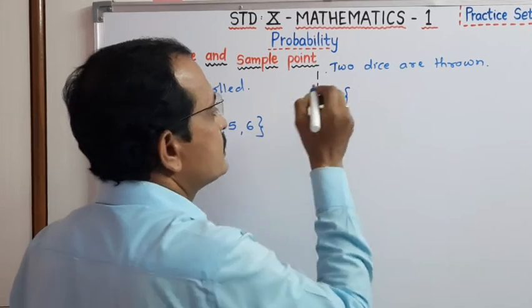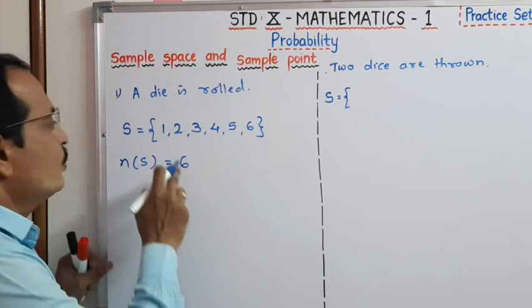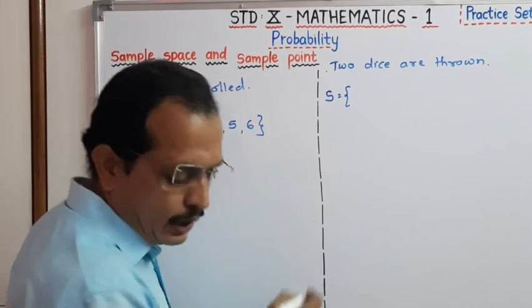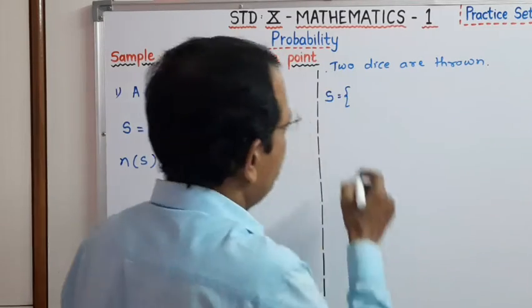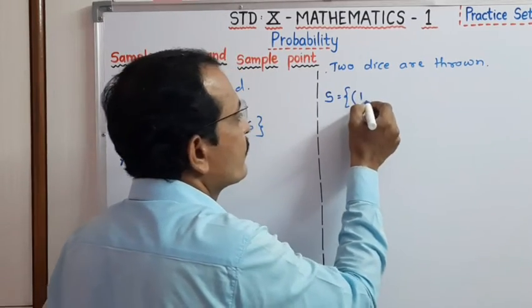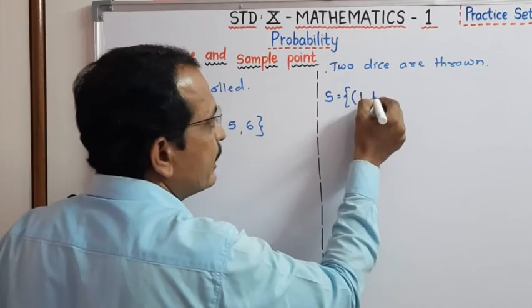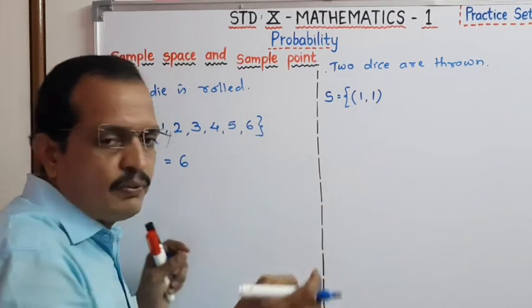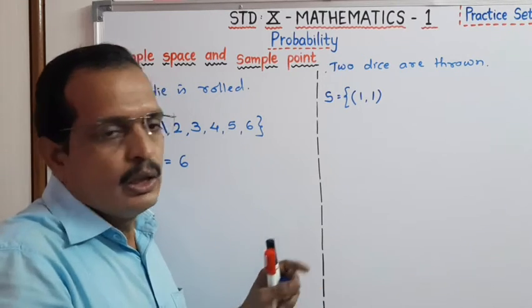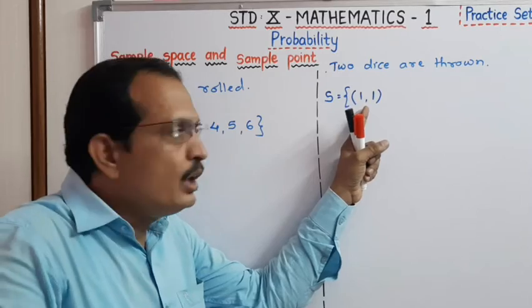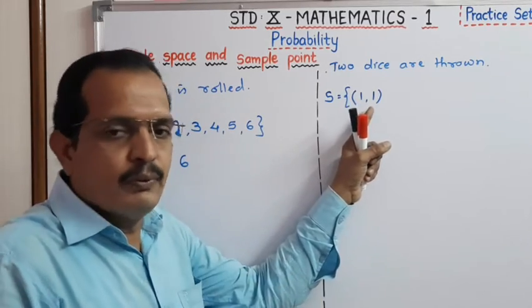If I throw 1 die, on the upper surface there will be a 1, and on the second die there is a 1. That is (1,1).